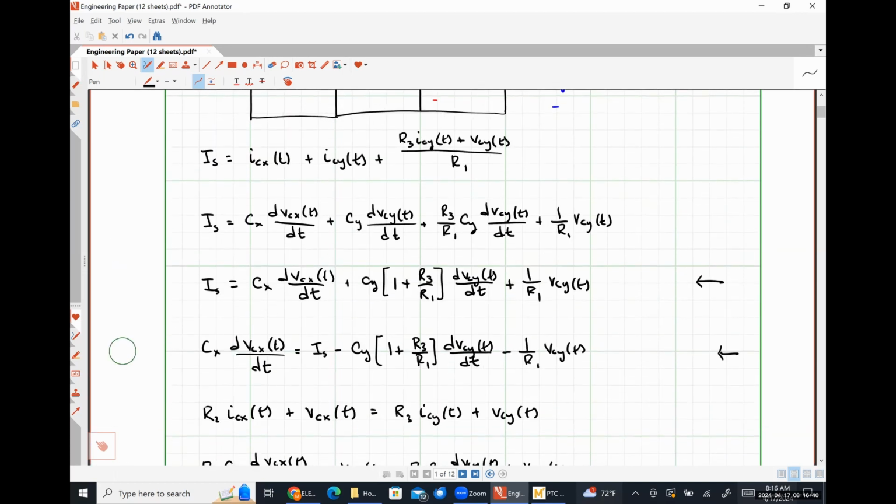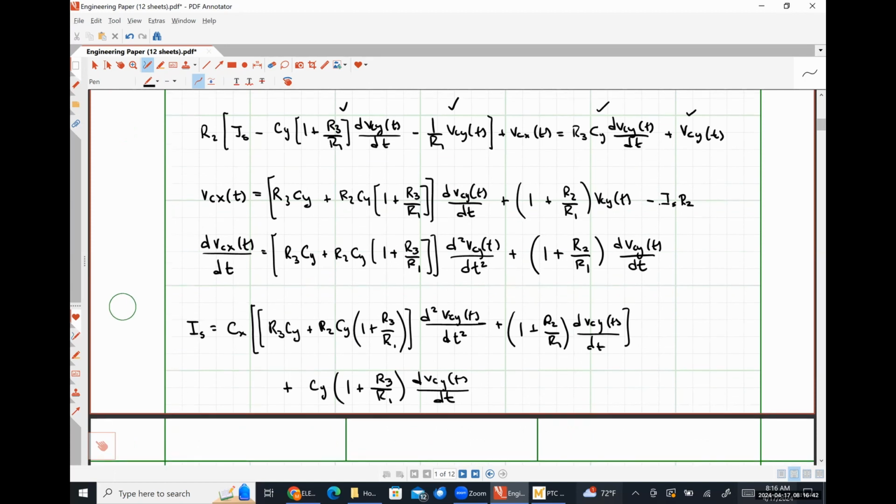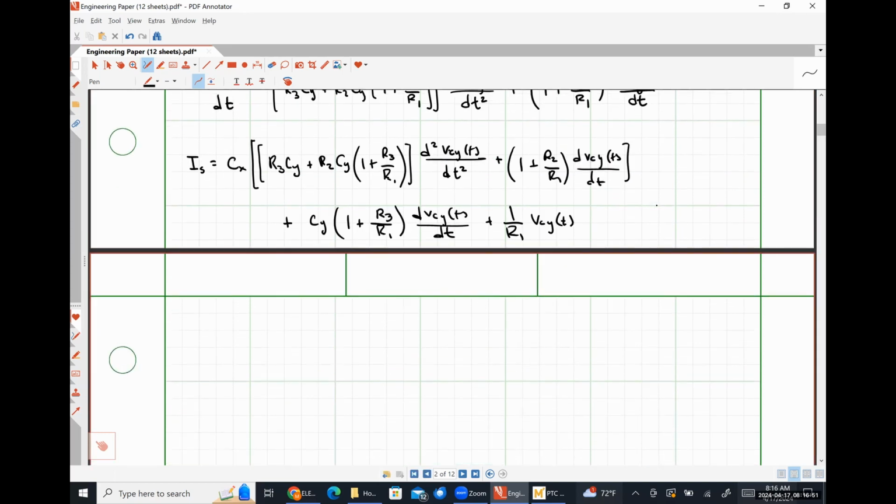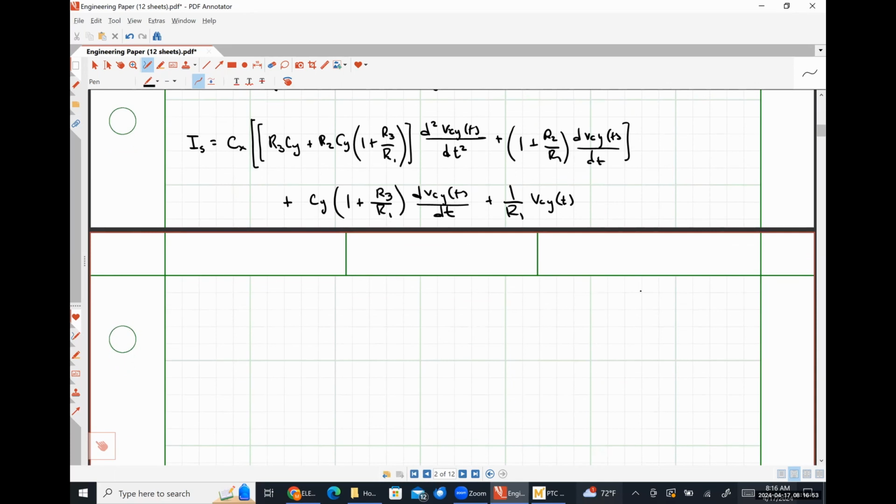And 1 over R1 VCY. Now I'm going to take this and lump like things together.